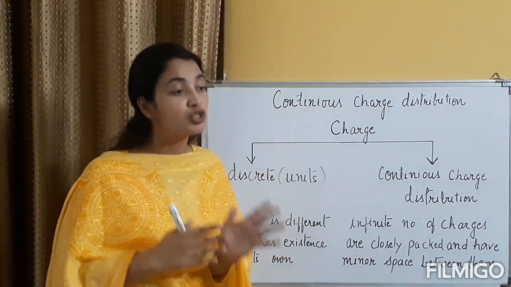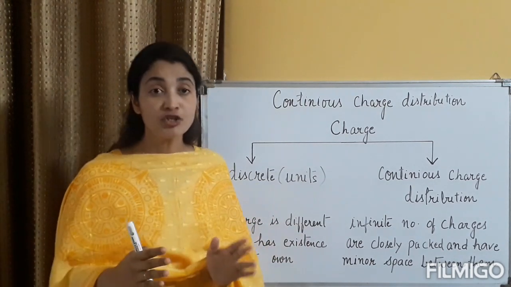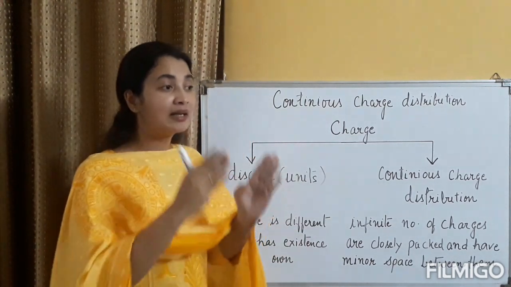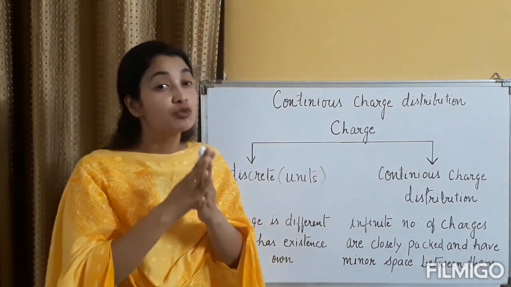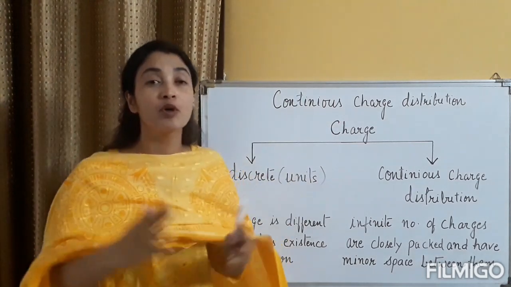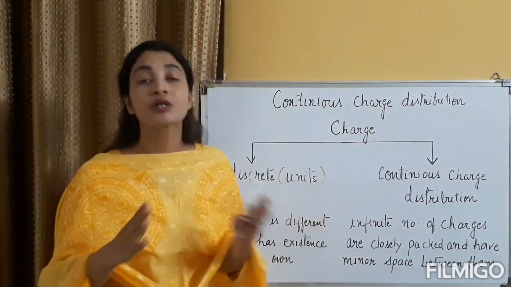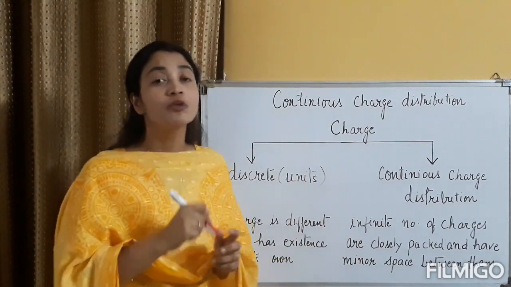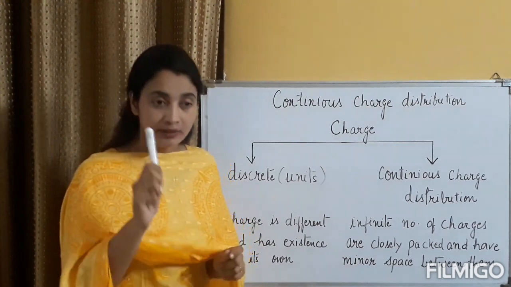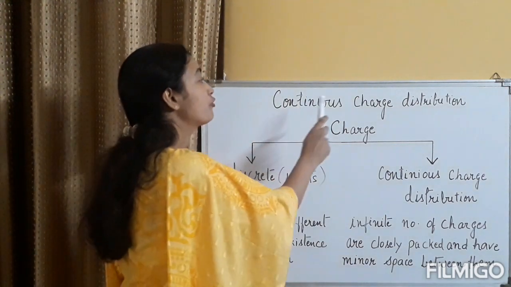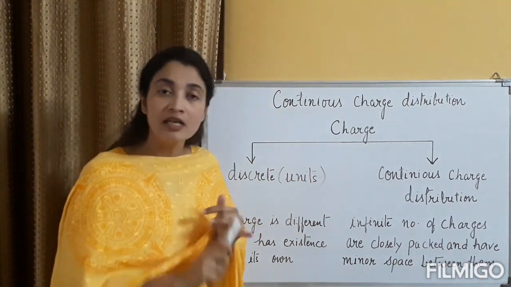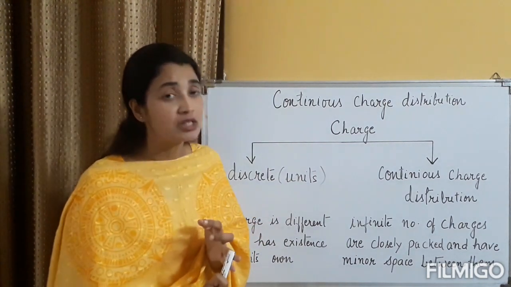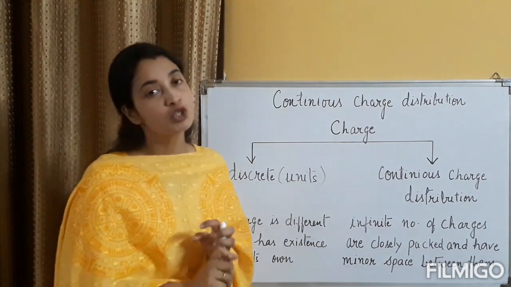It becomes almost irrelevant and illogical to calculate the electric field due to one charge and add them all, which would amount to an infinite number of electric fields. So illogical and impractical. What should we do in such a situation? There we need the concept of continuous charge distribution, where we define linear charge distribution, surface charge distribution and volume charge distribution.